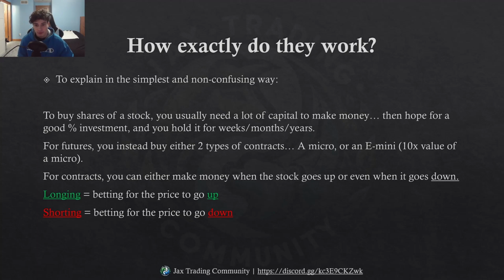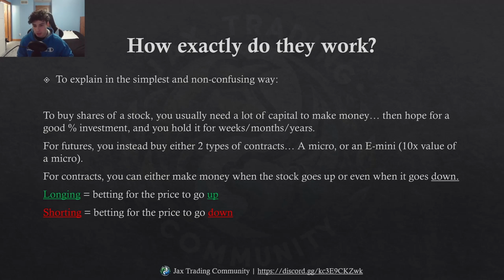When you're buying for futures, it's not really a stock, but instead a contract. And there's two types of contract. One is a micro and another one is an E-mini, which is 10 times the value of a micro. With futures trading, you can make money when the stock goes up or even when it goes down.